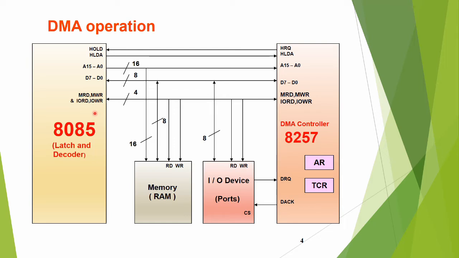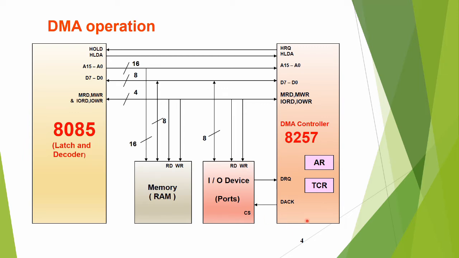In addition to that, memory read, memory write, and input output read, input output write have to be connected to 8257 with hold request, hold acknowledge, and there could be some memory which is connected to the address lines, data lines, and control signals like memory read, memory write, and input output devices which are connected to the data lines and read write commands.